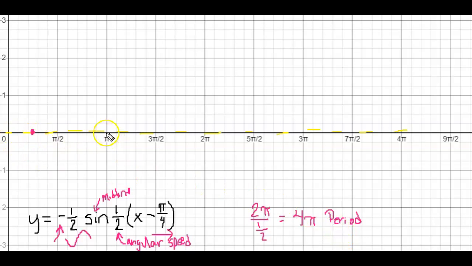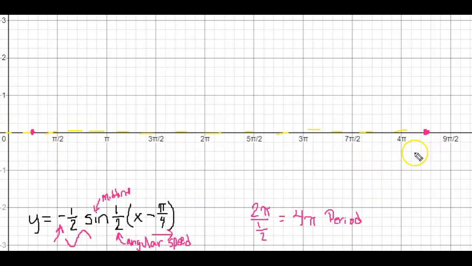So I need a period of 4 pi. When I look here, a pi was 2 of these big blocks. So I need to go 4 pi's, so I need to go 8 of these big blocks. So it's going to be 1, 2, 3, 4, 5, 6, 7, 8. Right here is the end of my period. So that's where it's going to start the sine wave for one cycle and end the sine wave for one cycle.